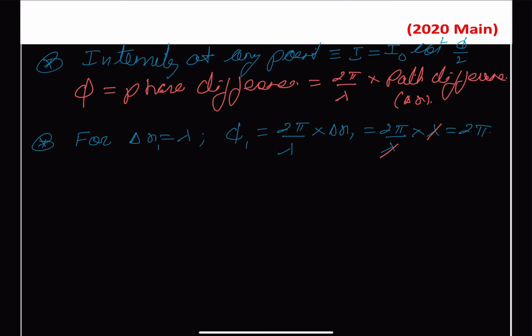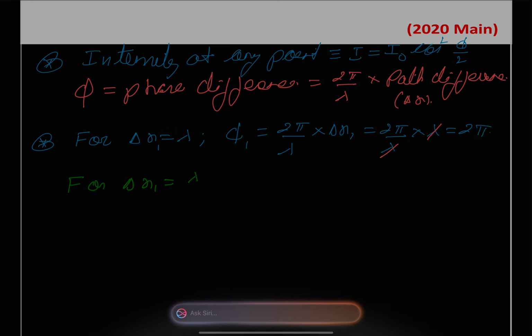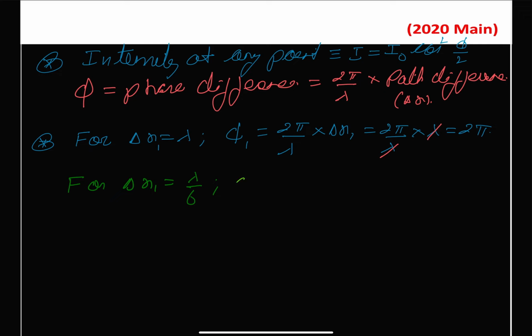And in the second case, for a path difference of lambda by 6, the phase difference will be equal to 2 pi by lambda multiplied by lambda by 6, and lambda and lambda go away, 6 goes by 3, so we are left with pi by 3.